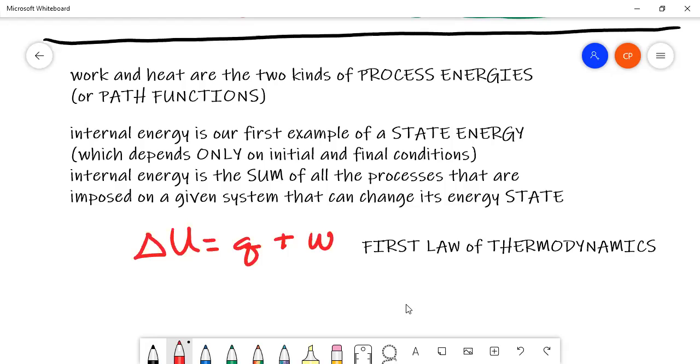Energy can only be transformed from one form to another. By saying delta U is equal to Q plus W, what I'm saying is any energy transferred into a system is absorbed by that system and is invested within the internal energy of that system, in the jiggling about of the individual atoms and molecules in that system.